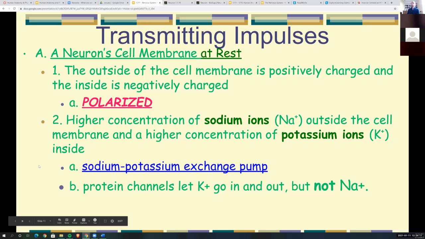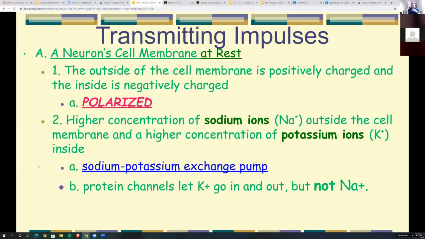There are also protein channels that let potassium go in and out, but not sodium. So we have a sodium potassium exchange pump. This is an active motorized pump that's exchanging potassium with sodium, putting the sodium outside the cell, potassium inside the cell. But we're able to maintain less potassium inside because potassium can just bleed in and out of that membrane.